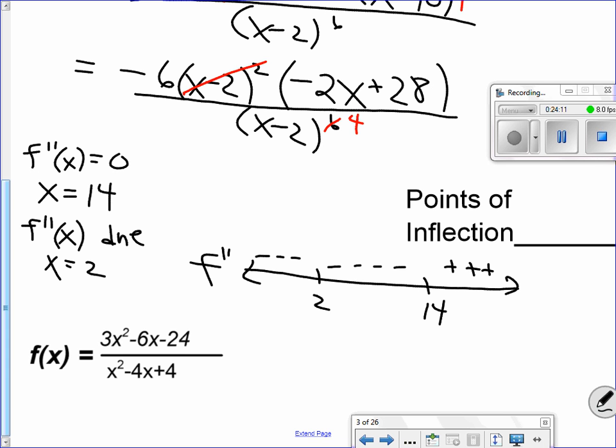Okay, do we have any points of inflection? At 14, you know what I'm going to ask you to do? The y value. You have to plug in 14 into the original. Anytime you want to get a point on the graph of f, you have to plug it into f.